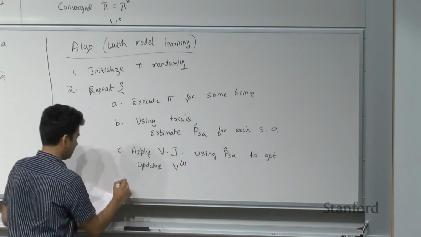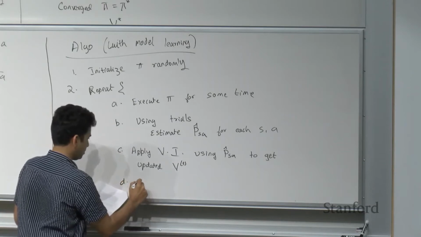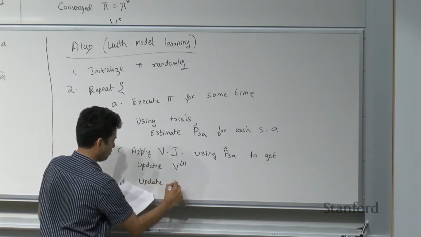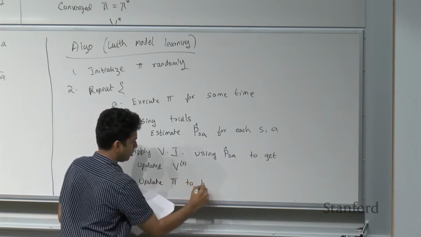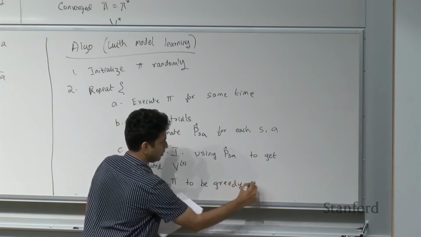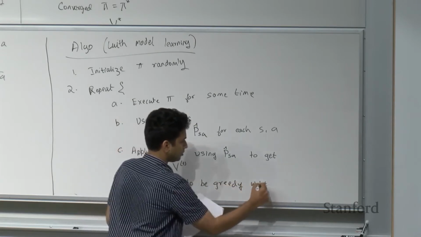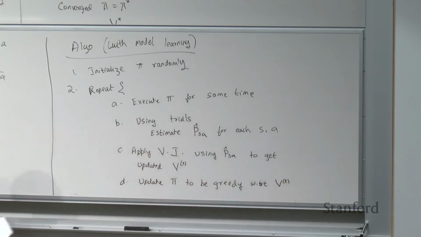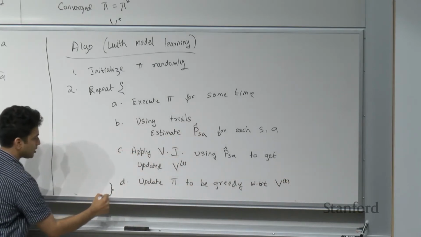And D, update pi to be greedy with respect to VT, right?